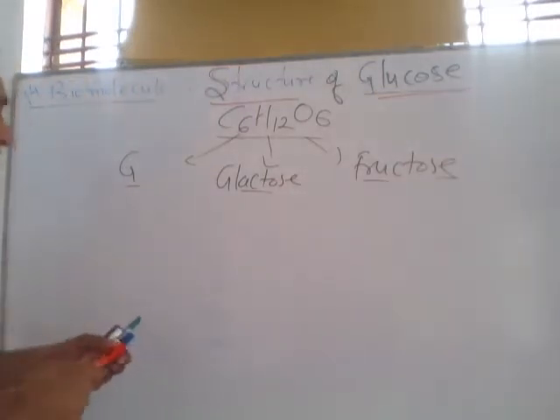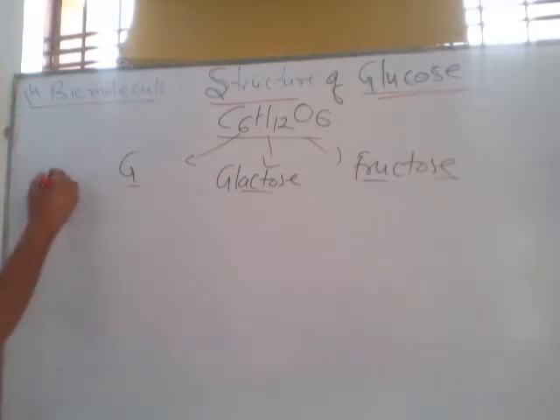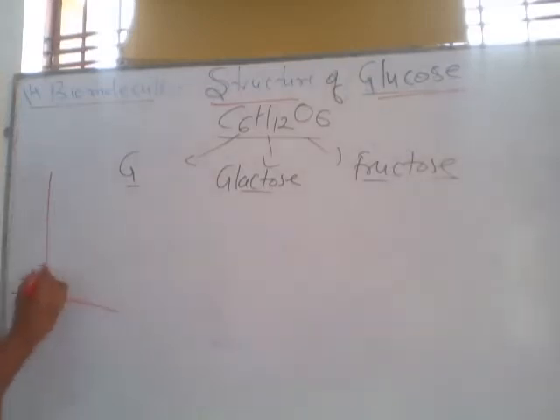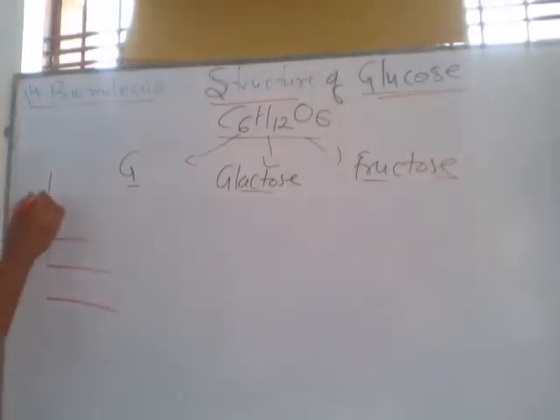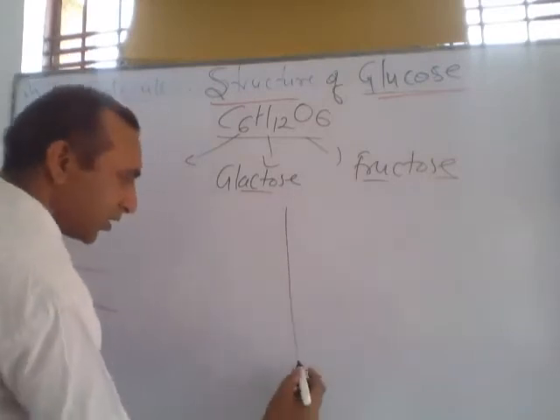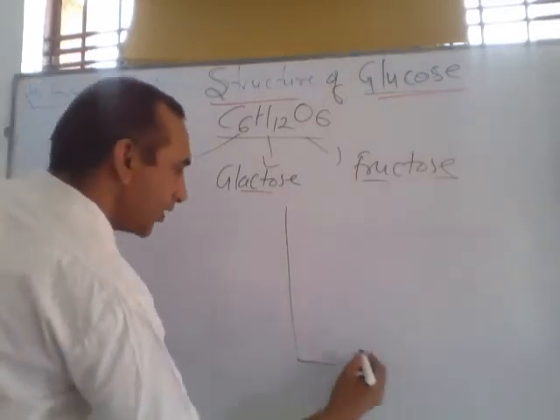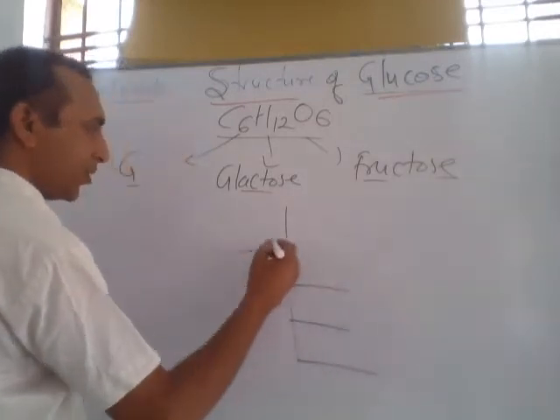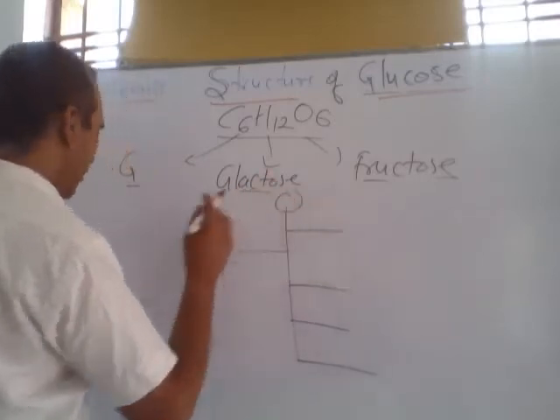Listen, if we are drawing this type, straight line 1, 2, 3, 4, 5th and a circle. Very simple. For galactose, straight line 1, 2, 3, 4, 5th, 6th. This is glucose.